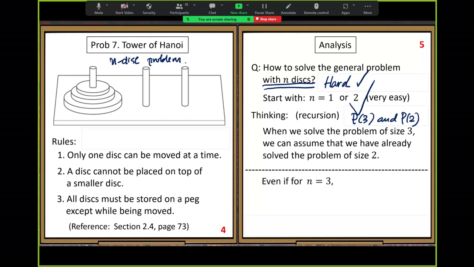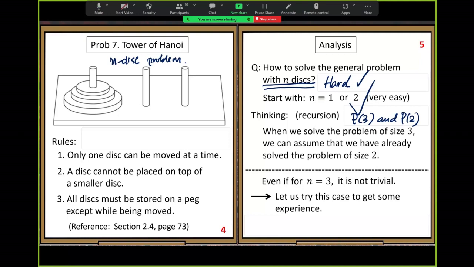All right. So here, let's do some experiment. Because it's hard to see, right? When n equals 3, if we only use our thinking in our mind, it's still too hard.